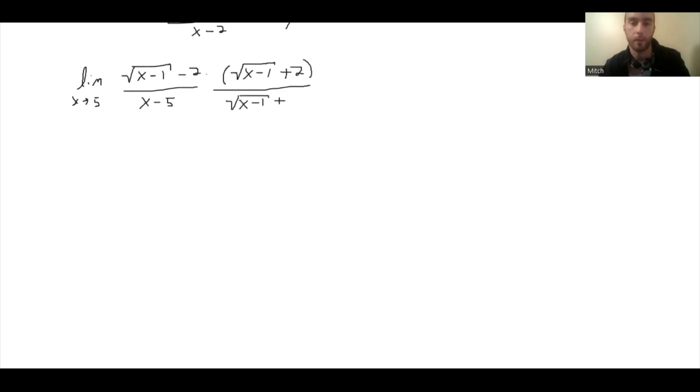And so right now we see we're making this a difference of squares, so this is going to become squared, and this is going to become squared, so that'll be that squared, which makes that 4.